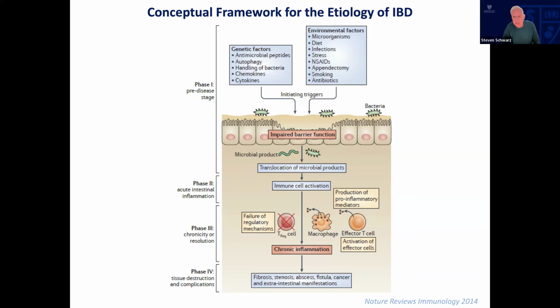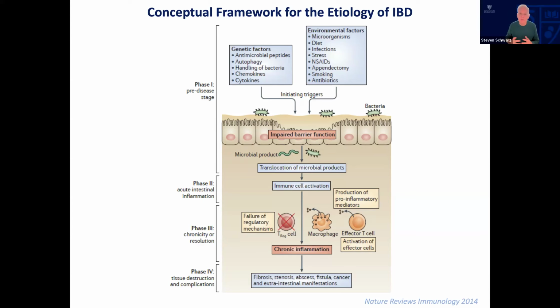And then we have the environmental factors. What are the microorganisms resident in the bowel? How does diet contribute? Other infections? Is stress an important factor? The use of NSAIDs. Obviously, we know that NSAIDs can cause bowel ulceration. How might they contribute? So there's a whole raft of environmental factors that clearly can influence, if not determine, the disease.